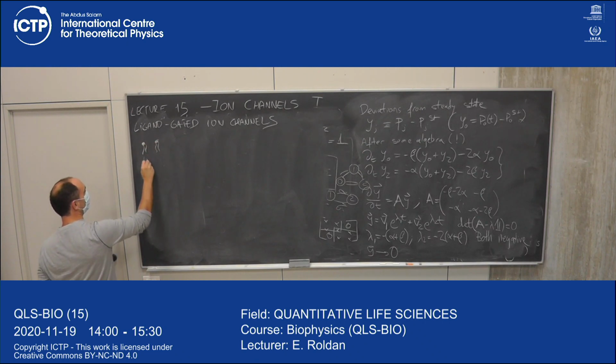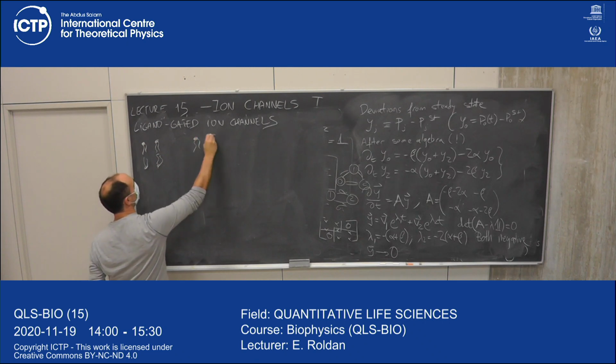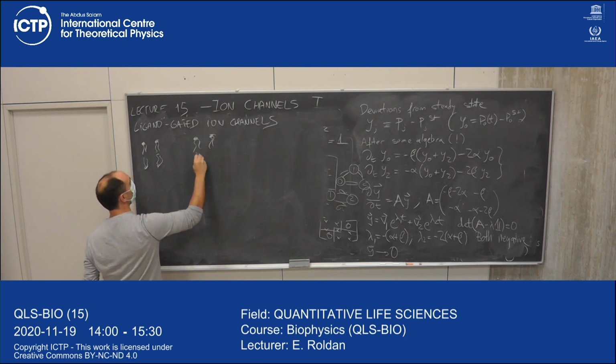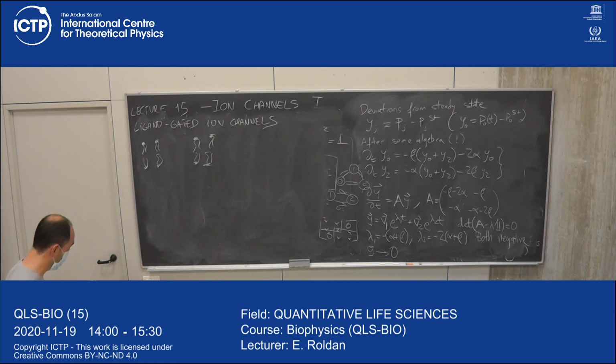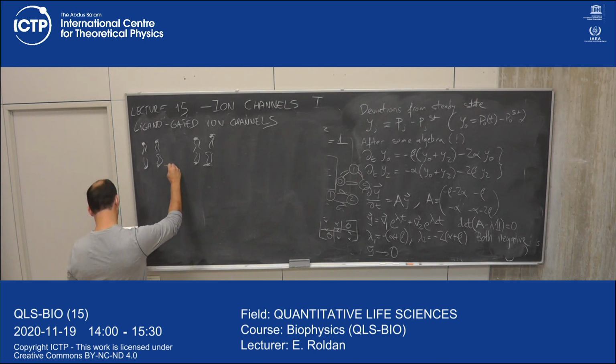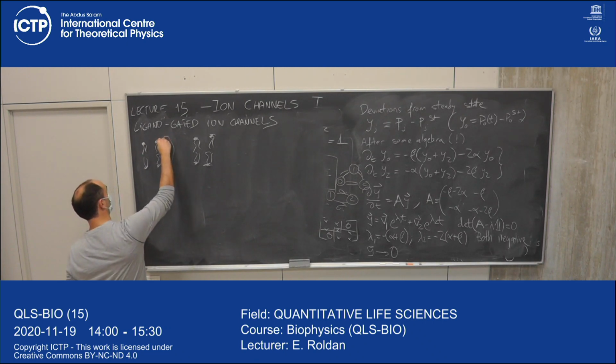You have a membrane here. These are the lipids in the membrane, and you have, for instance, the ionic flow induced by binding neurotransmitters, which can be thought like structure like this.